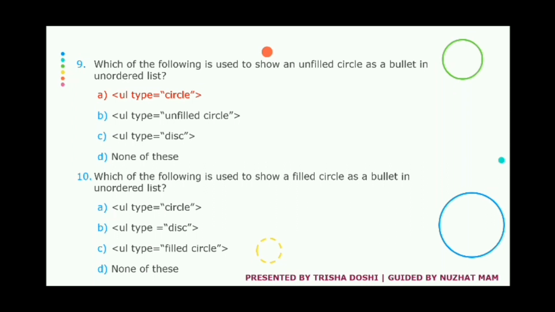Question 10. Which of the following is used to show a filled circle as a bullet in unordered list? A. UL type equals circle, B. UL type equals disc, C. UL type equals filled circle, D. None of this. The correct answer is B, UL type equals disc. Question 11.